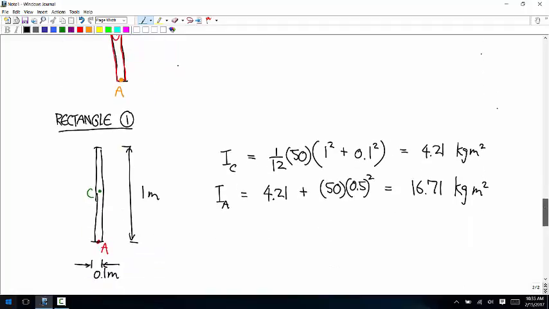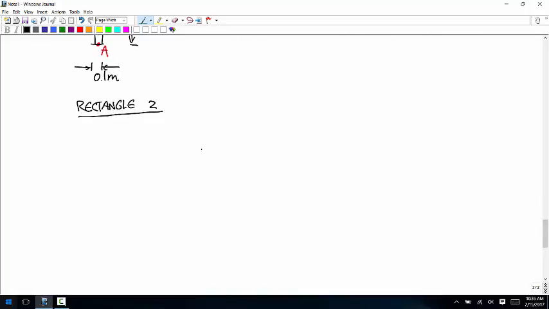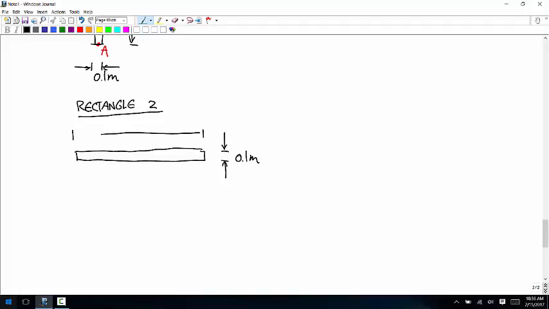Okay, so now member 2, rectangle 2. So there's the rectangle. Here's the center. And A is down here.